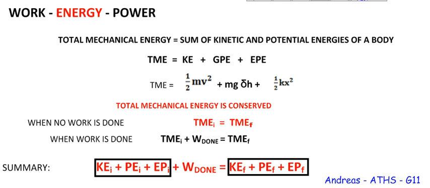Now remember, the body may have in its total mechanical energy all three of kinetic, gravitational potential, and elastic potential, or it may just have one of these. We now need to look at the application of this work-energy theorem.